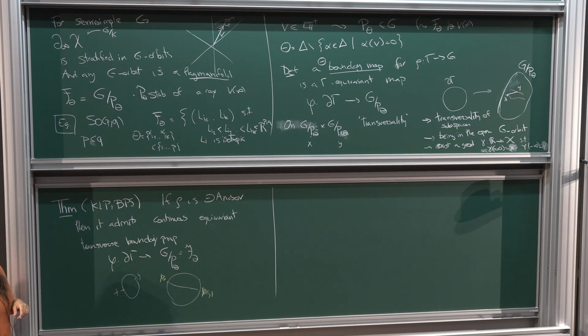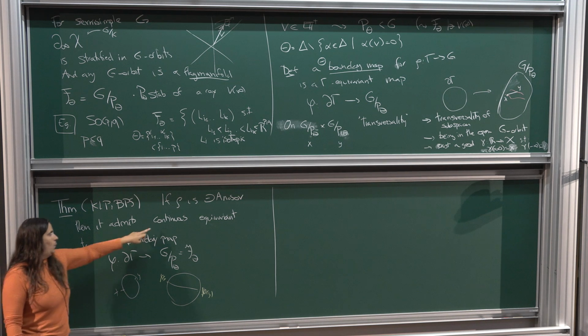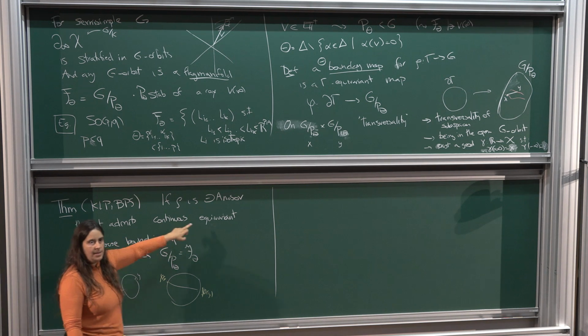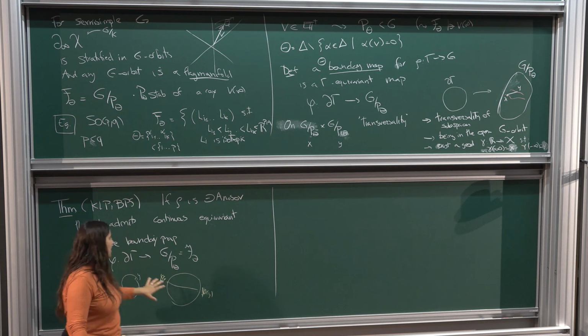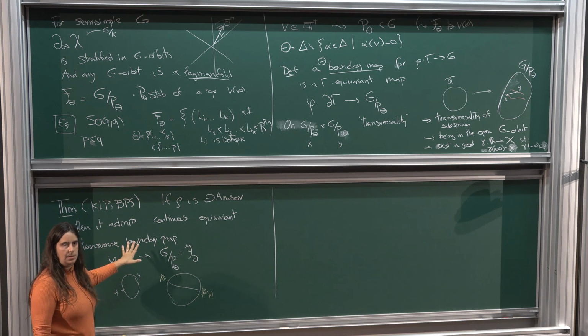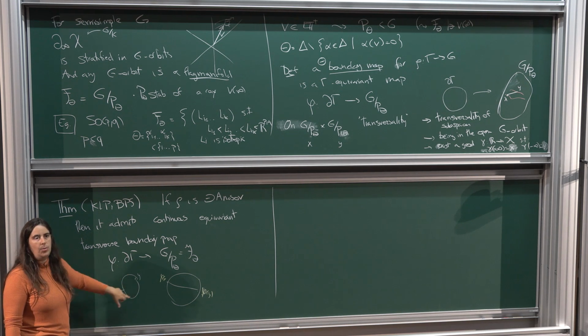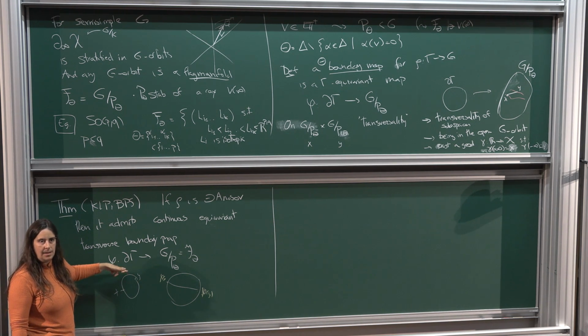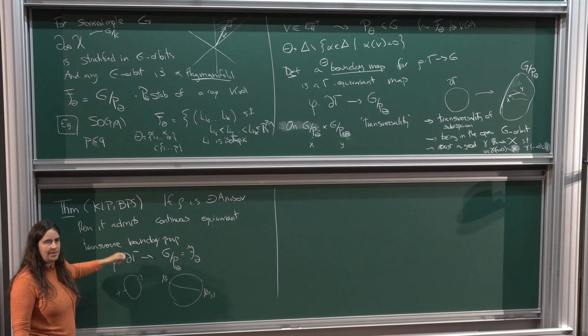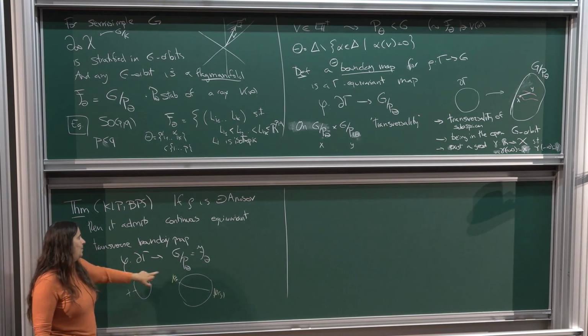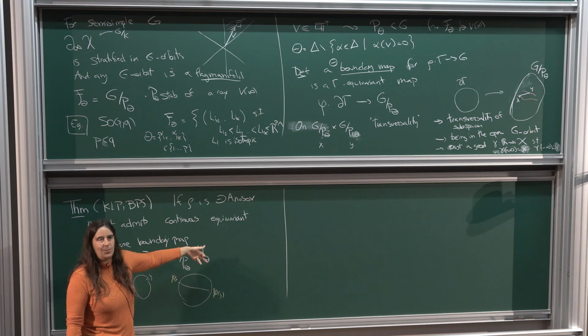As to get back to the question that I had before, asking for continuity and equivariance means that if such a map exists, it is unique. Why? Because the set of fixed points in the boundary is dense, and if it's continuous and equivariant, every fixed point needs to be mapped to the attracting fixed point. Right?